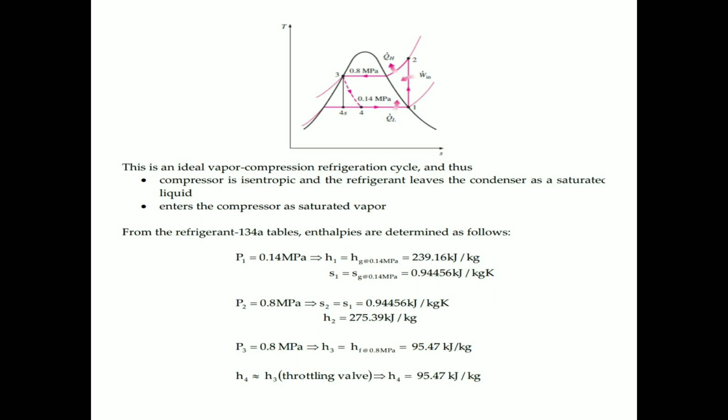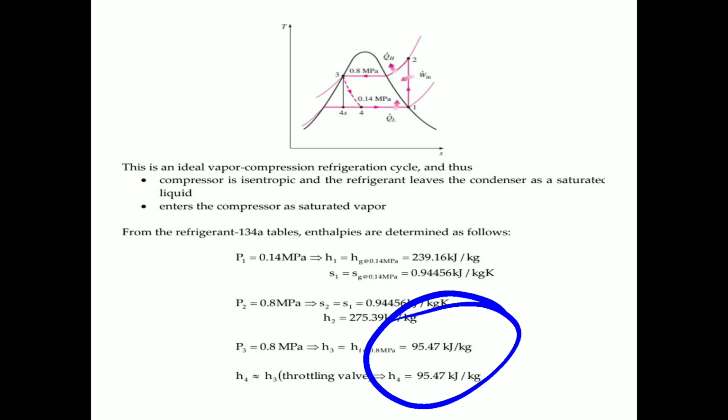So in this problem, H2 is directly given, and at point 3, pressure is equal to 0.8 megapascal, H3, that is Hf, and we know point 3 is the saturated liquid state, so H3 equal to Hf at 0.8 megapascal, and you will get this from the data book. And we already know that process 3 to 4 is a throttling process, which is H3 is equal to H4.